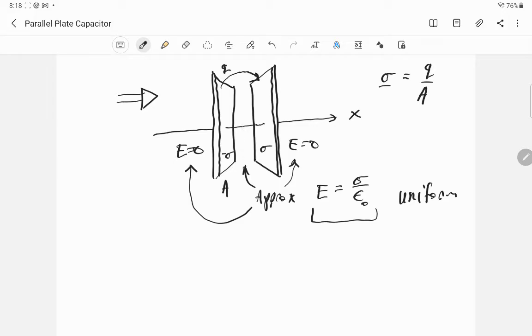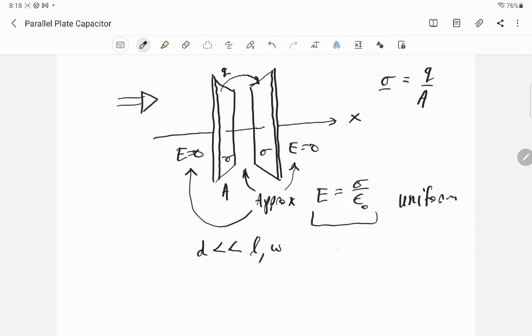Another thing is the electric field on the inside is not going to be uniform, but it is more and more uniform, or more and more similar to constant, the smaller d is compared to the size of the plates. So it becomes a better and better approximation.